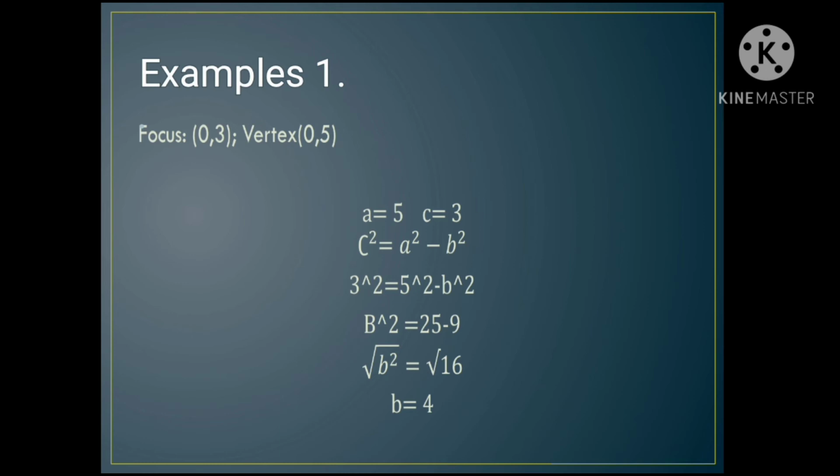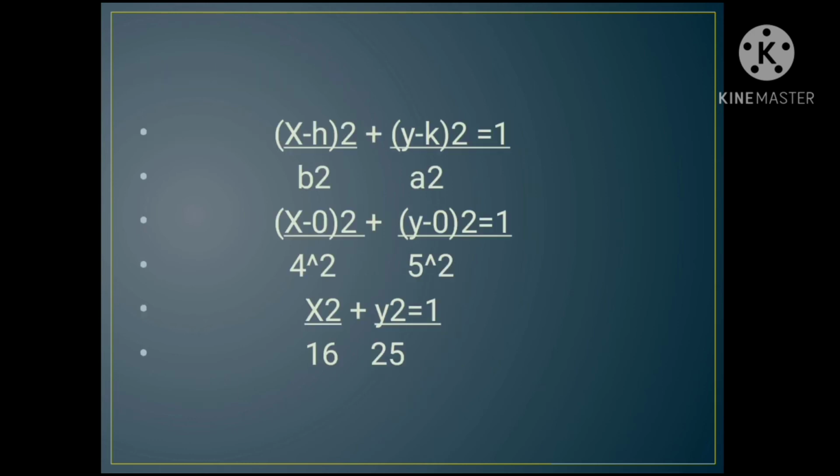So 25 minus 9 is equal to 16. Just put square root on both sides. So the square root of B squared is B. The square root of 16 is 4. So the answer is B is equal to 4.